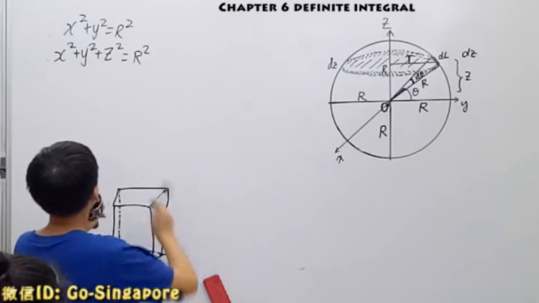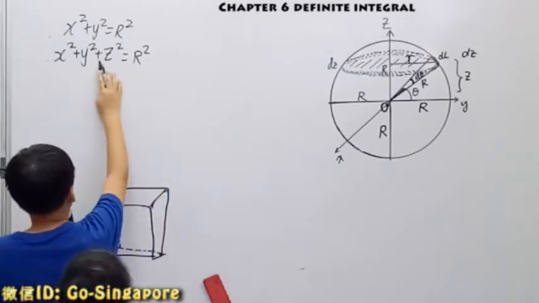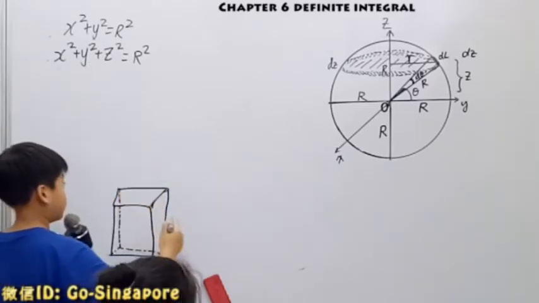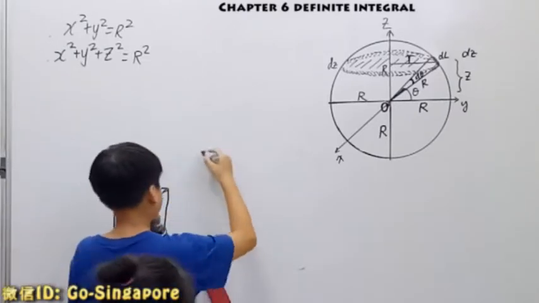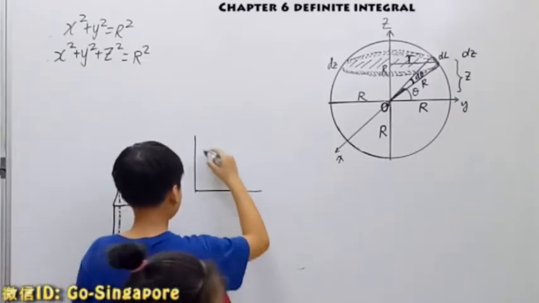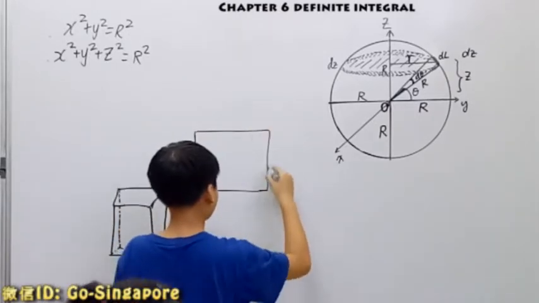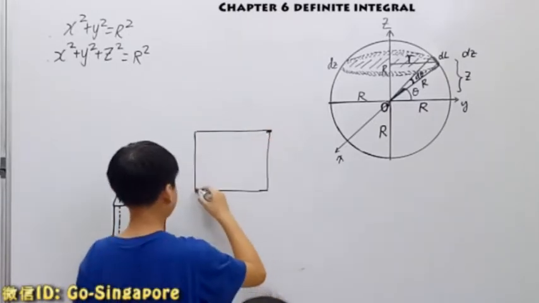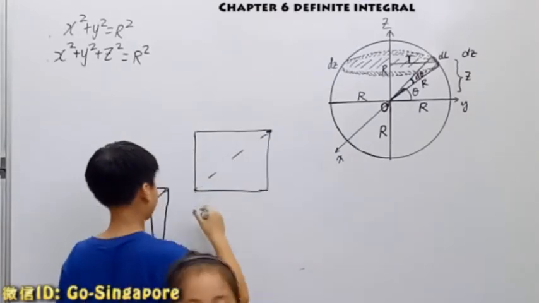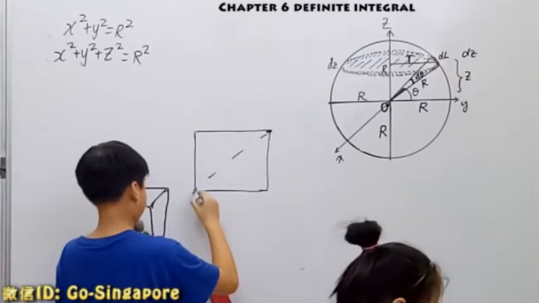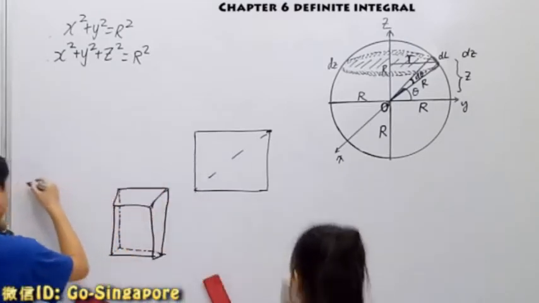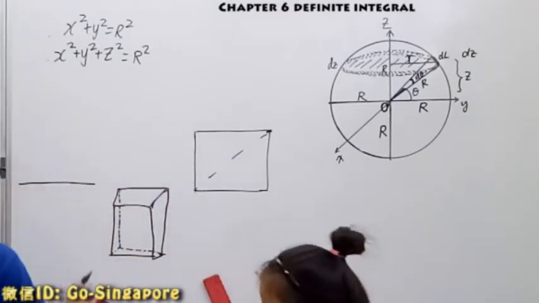For this, the x, y, and z first. X and y, from this point. If we have a z, it will be like this.